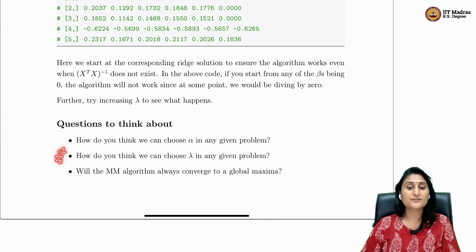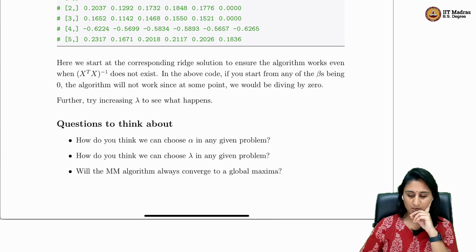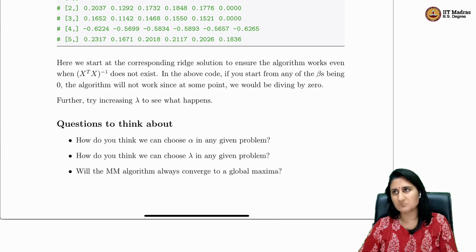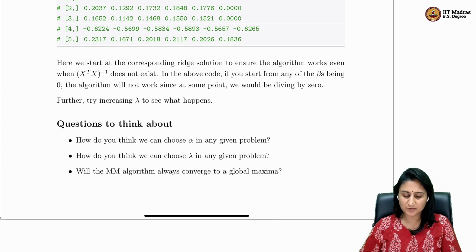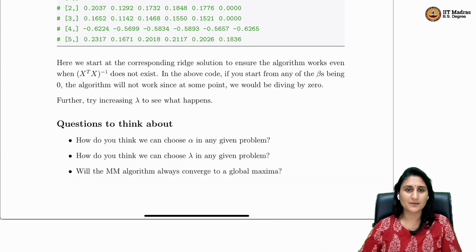How should we choose lambda for a given modeling problem? And will the algorithm always converge to a global maxima in general for any objective function? Now these first two we will address very soon, maybe in week 11, most likely, or maybe week 10. And this last one, I really want you to think about: is it guaranteed to converge to a global maxima for a non-concave objective function?